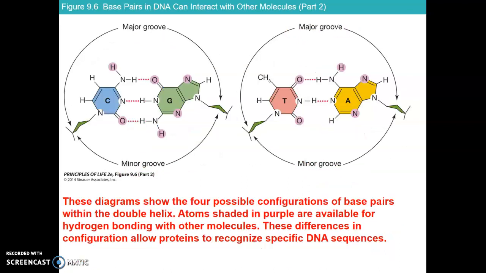If it bonds this way with cytosine first and guanine, and then thymine and adenine. Okay, so those are the 4 possible configurations of the base pairs within the double helix. The atoms shaded in purple are available for hydrogen bonding with other molecules. And these differences in the configuration allow proteins to recognize specific DNA sequences.